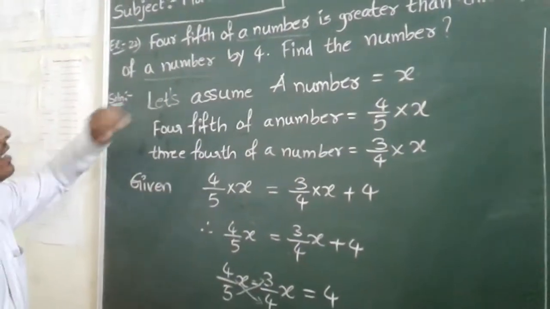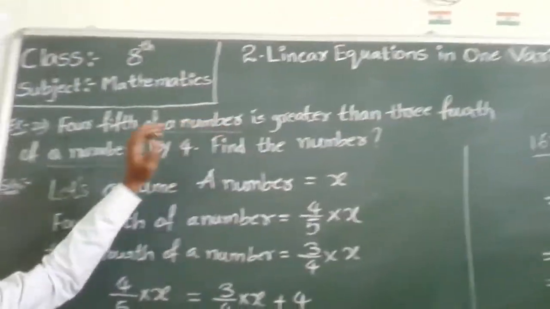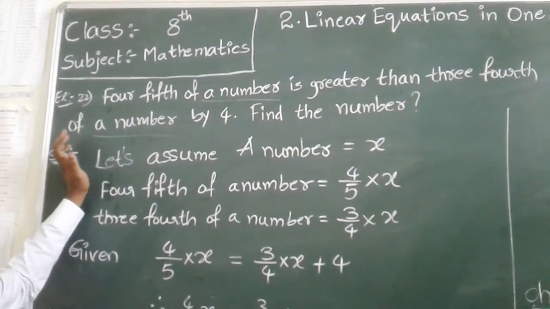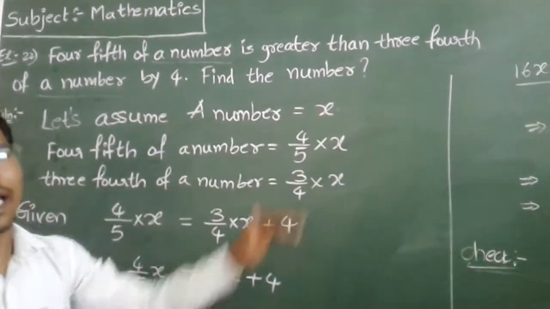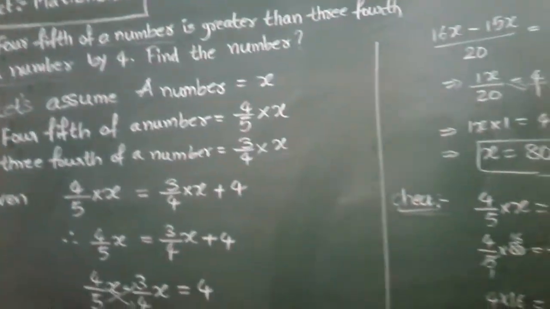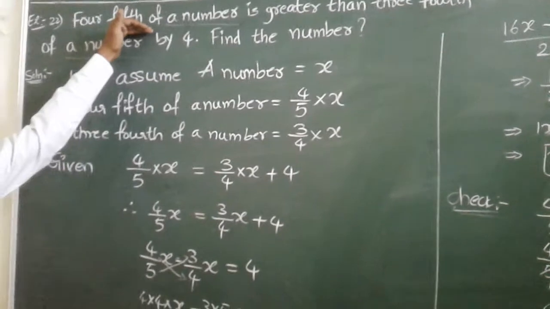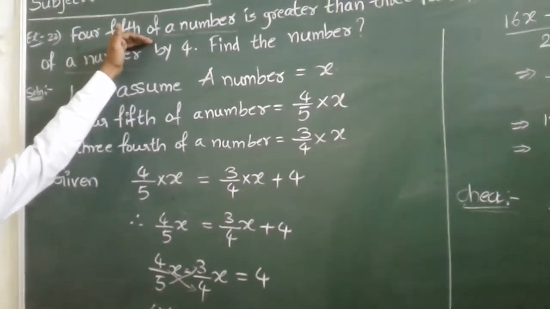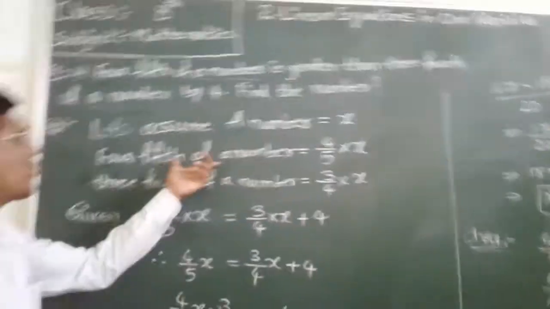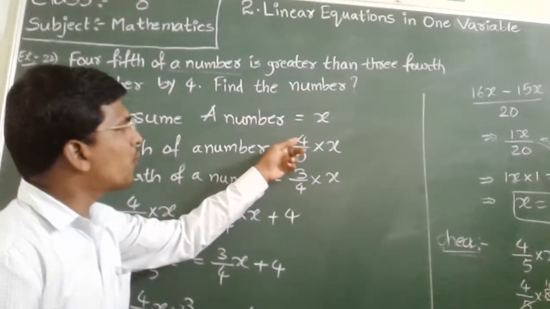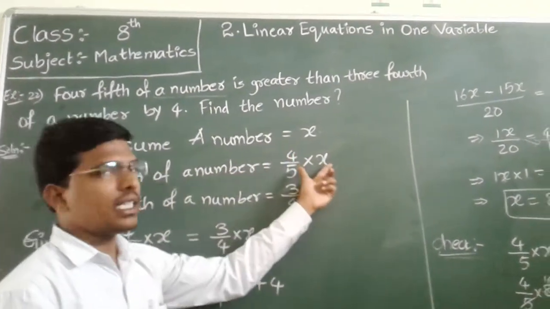So let's once again see this question. 4/5 of a number. First of all, we don't know that particular number, so I am assuming it as x. You can take any variable, not only x; you can take y or z also. 4/5 is nothing but a fraction; in the 6th and 7th class we learned how to write fractions. So 4/5 means 4 by 5, "of" means into, and a number x.